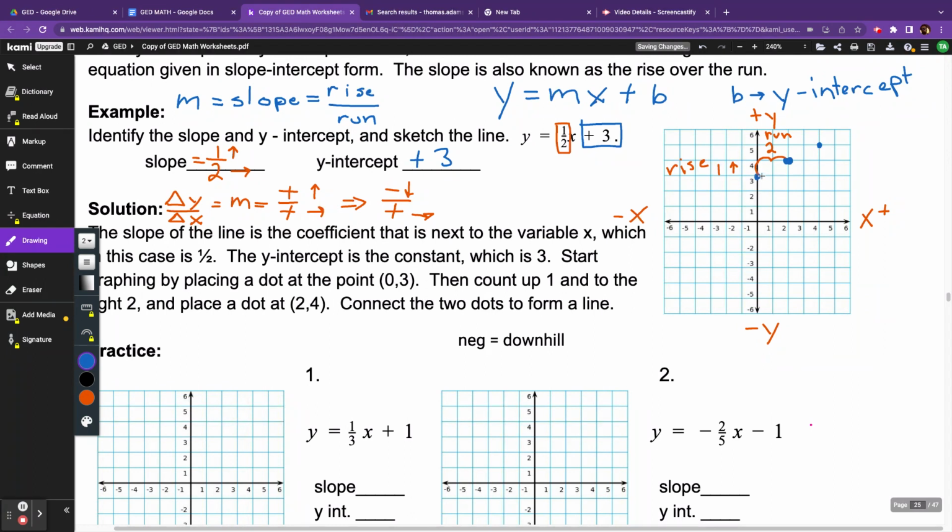Now you can go in the opposite direction too. You can go down 2 over 1 this way. Go down 2 over this way. And now what you do is you connect those dots. So you draw a line through those dots. That's it.